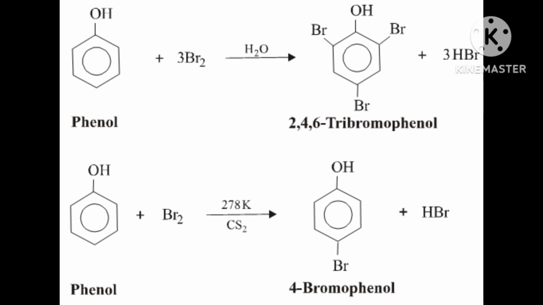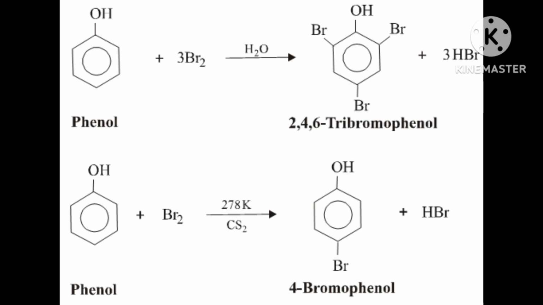The ortho and para isomers can be separated. Both form nitrophenol, ortho nitrophenol and para nitrophenol. The ortho and para isomers can be separated by steam distillation. Ortho nitrophenol is steam volatile.